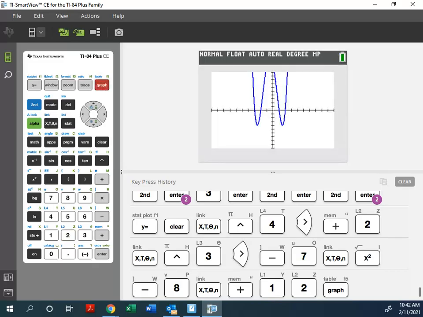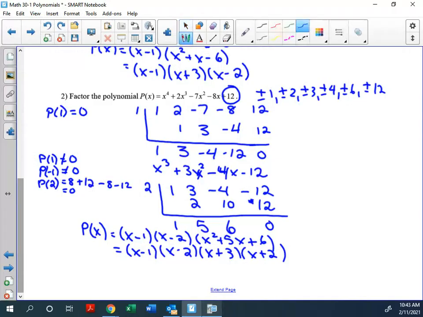Guys, you could graph this, and I encourage you to, and say, oh, I know a potential zero is going to be -3, -2, 1, and 2. And I can streamline that whole process by looking on my graph to get that, and to get that, and to get that, and to get that.